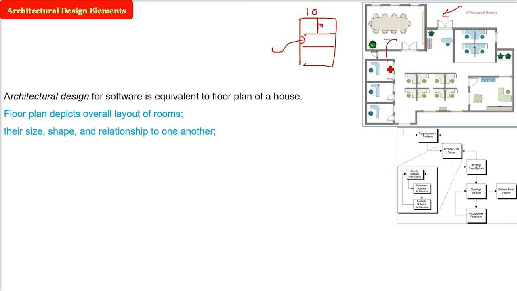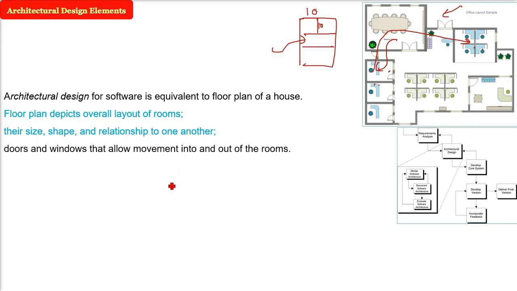Do we have the bathroom in front of your sitting room, or is it at the last? How do you go inside and come outside? You need to have windows or doors, so that will allow movement into and out of the rooms.